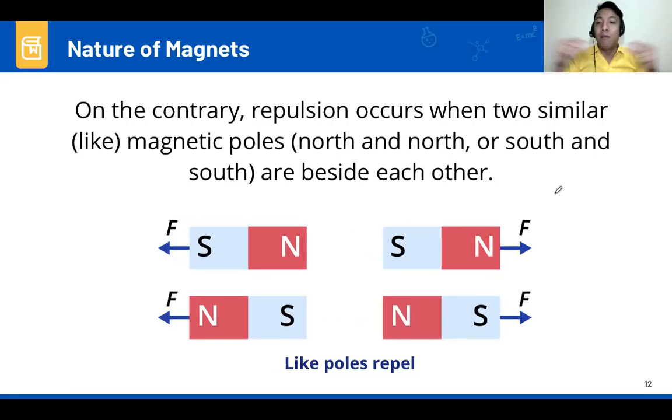We cannot force them to join their sides together. So unlike poles attract, like poles repel. That's the main summary for that one. It's not that hard to memorize because we already knew this in our elementary days.